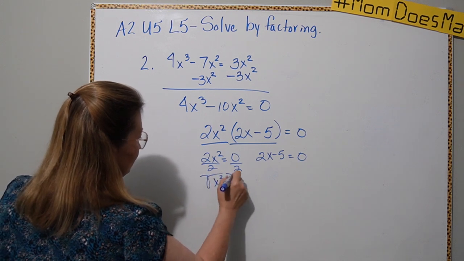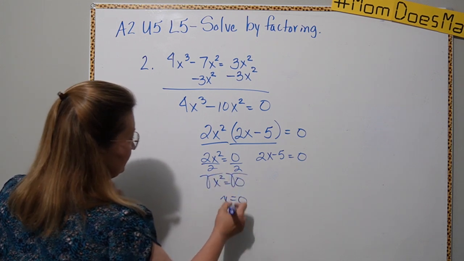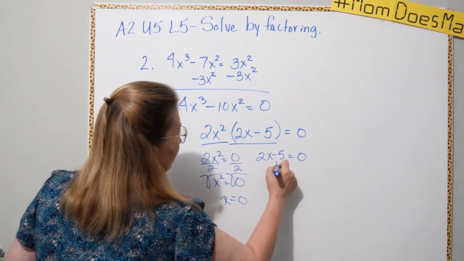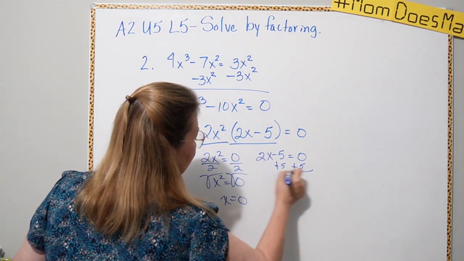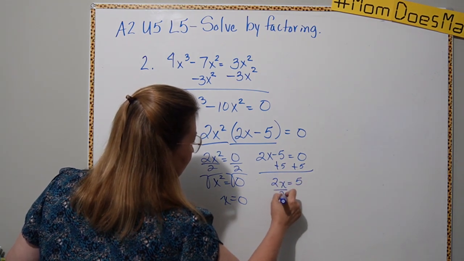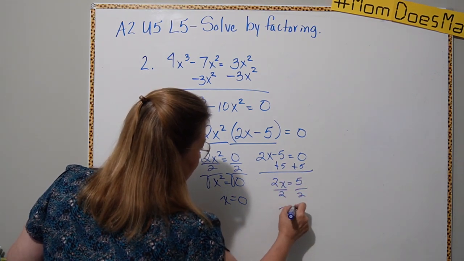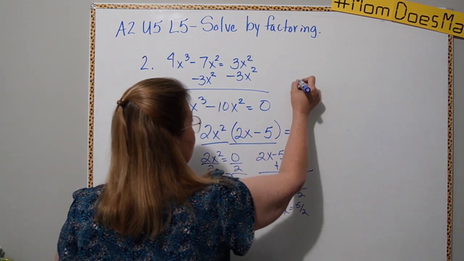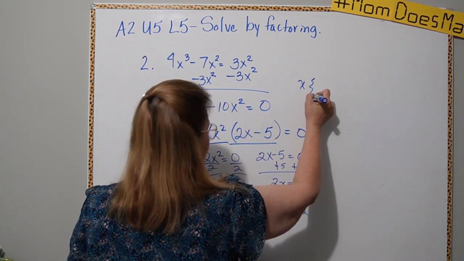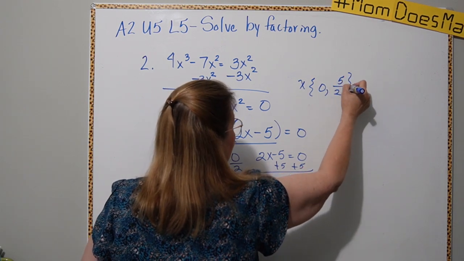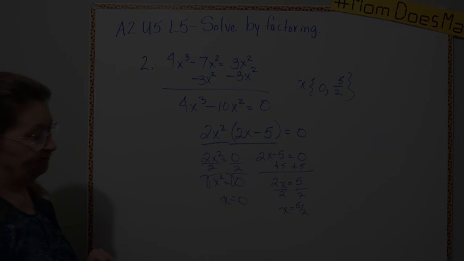Take the square root of each side, and x is going to be 0, which you could have determined right there. Now over here, you're going to add 5 to each side, just solving. 2x is equal to 5, divide by 2. So x is equal to 5/2. So this polynomial is going to cross the x-axis at x is equal to 0 and 5/2.